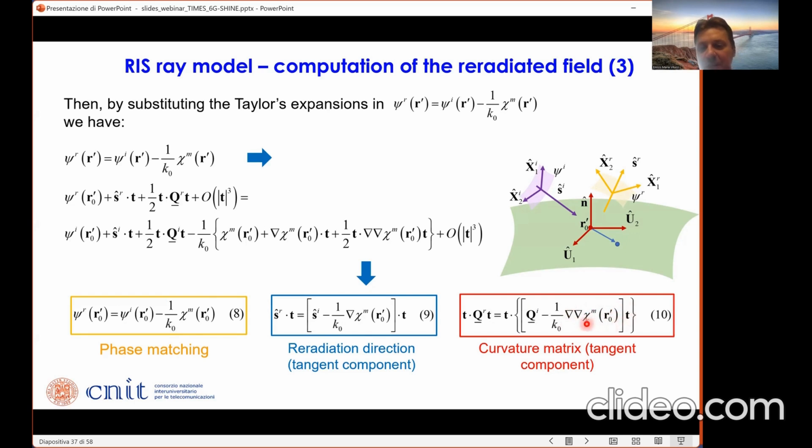It is the Hessian matrix of the phase profile imposed by the RIS Km.